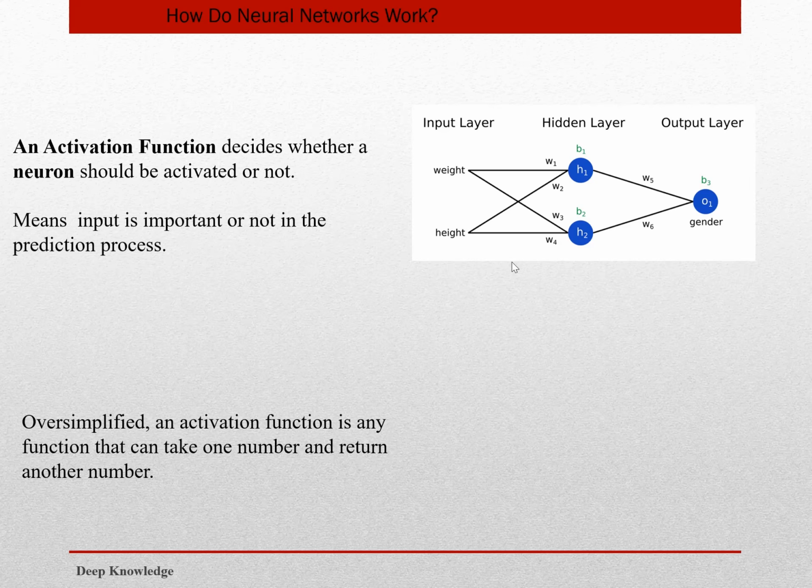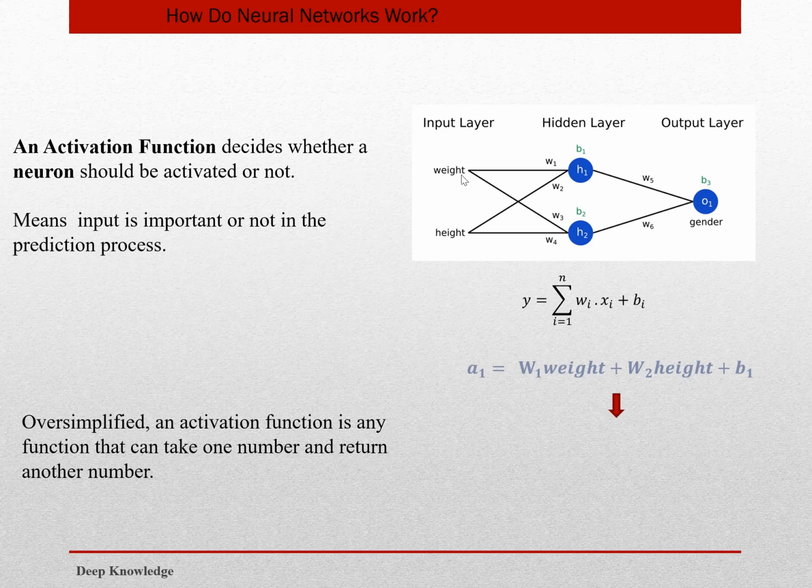In a simple description, the activation function is that if you have an input, for this input you have an output. For instance, let's assume we have this small network, and we have weight and height to predict gender, man or woman. Based on this equation, we first find this neuron H1.